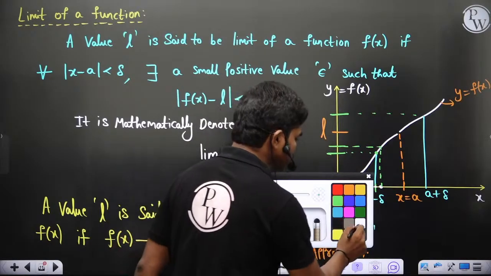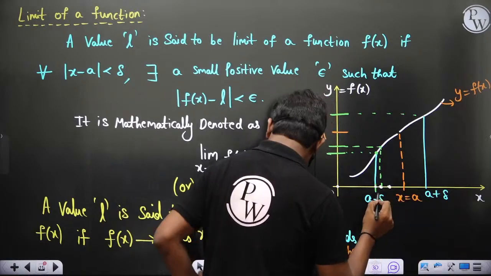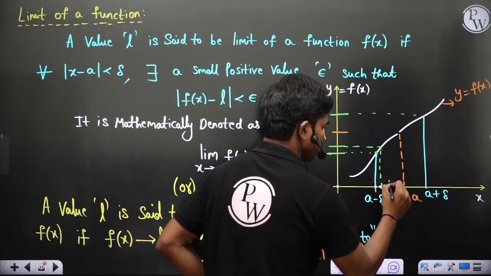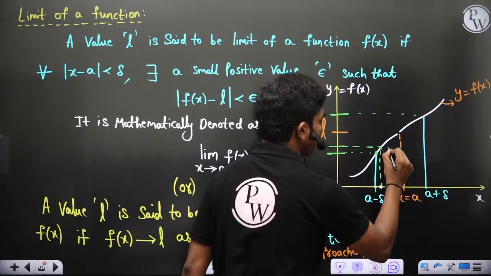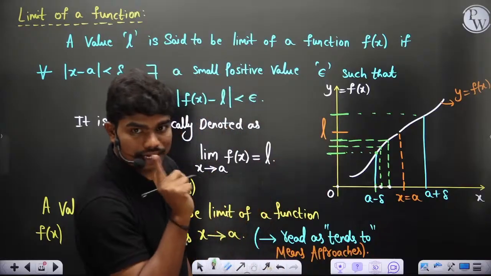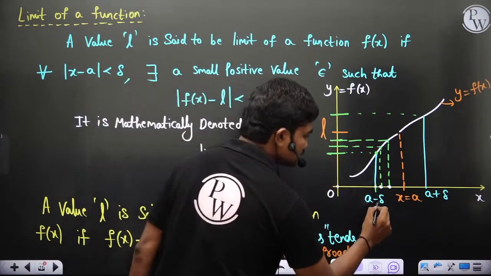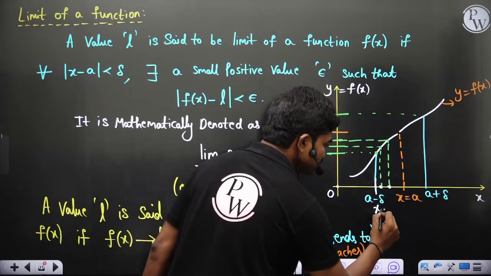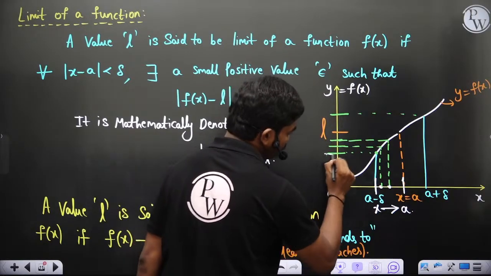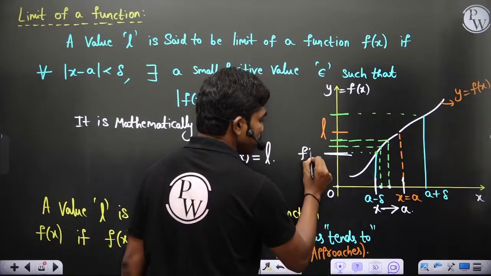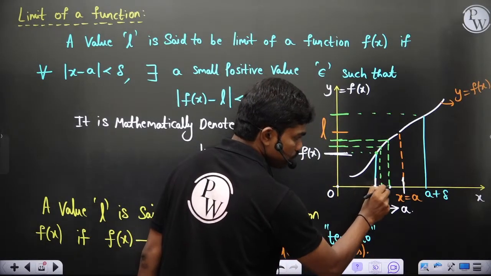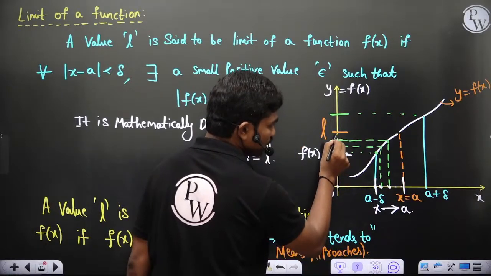Similarly, if you just move further, it has come here. As this x, initially here, moves towards this a, this function f of x is initially here. Now as my x is moving towards a, if I start at this point and keep moving towards a, my f of x starts moving towards L.